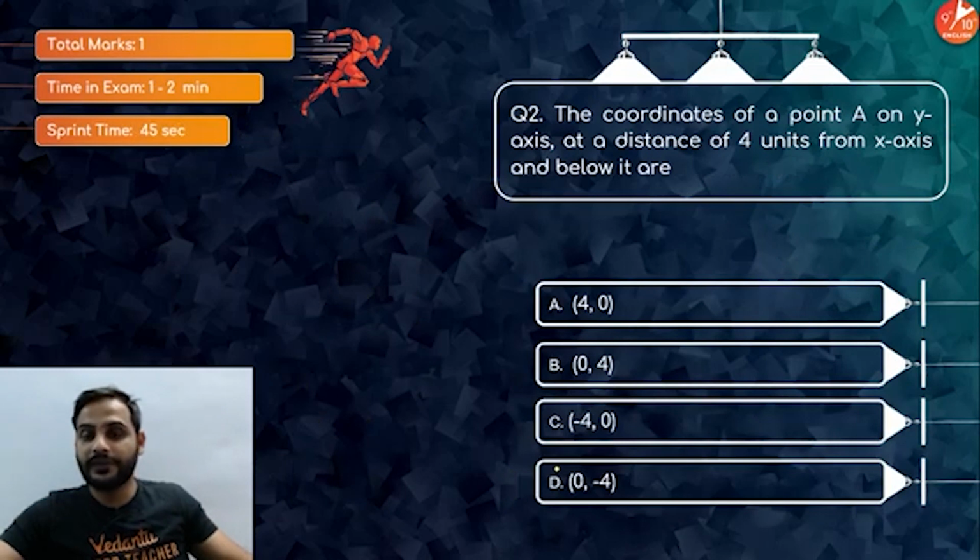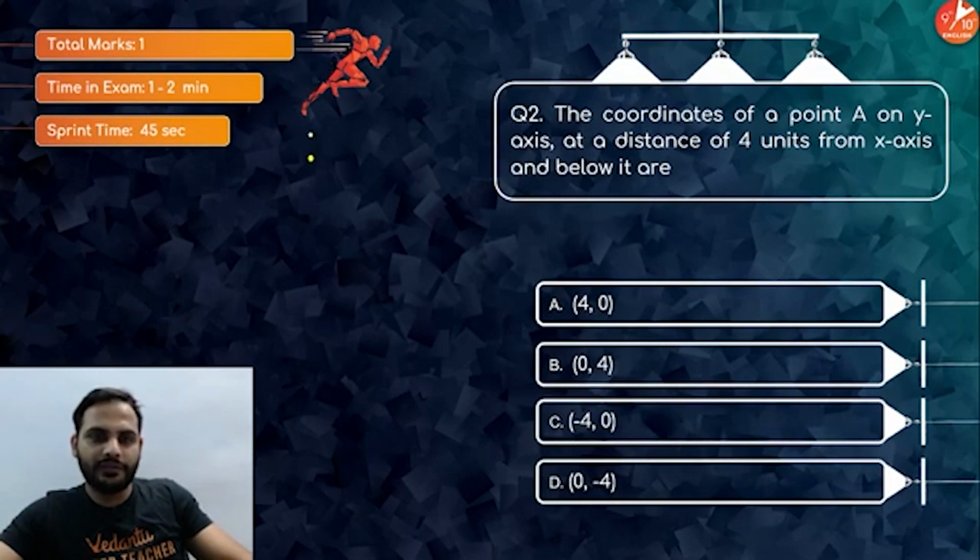ठीक है, next one. The coordinates of a point A on y-axis at a distance of 4 units from x-axis and below it. So देखो, coordinate of a point A on y-axis. The point A is present on the y-axis like this. ठीक है, so obviously option A and option C are wrong.